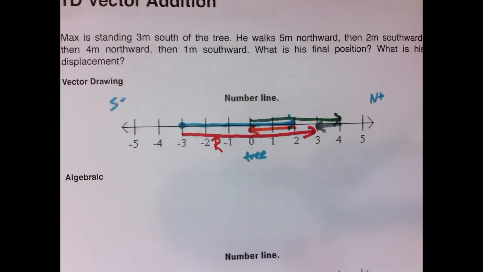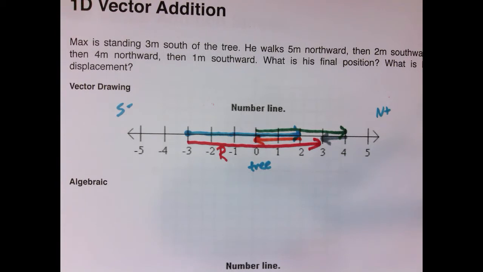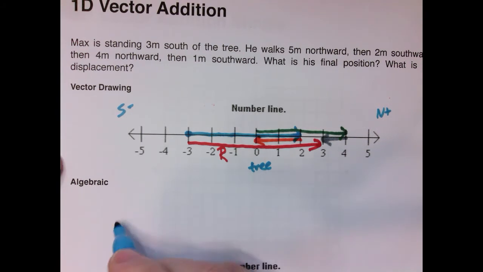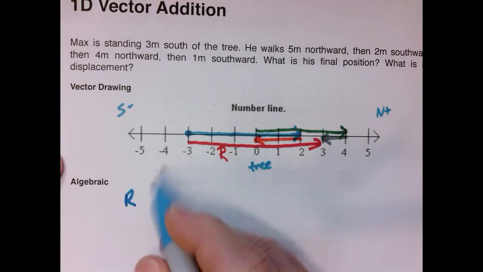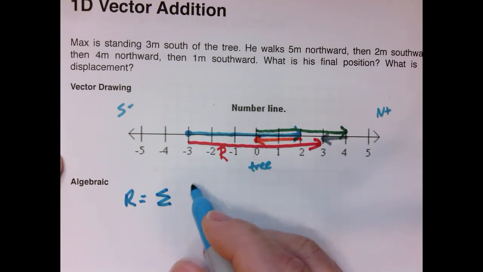Now, algebraically, how would we do this? We can do vectors algebraically in one dimension. So we would start out, the algebraic would be the resultant is the sum of the displacements.